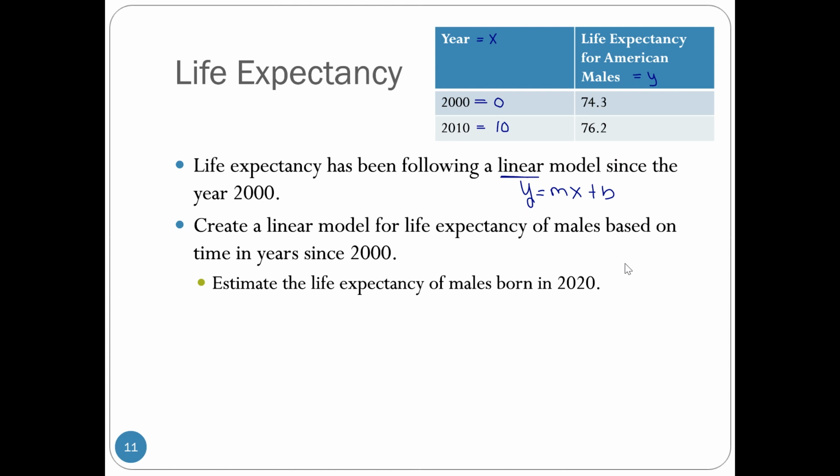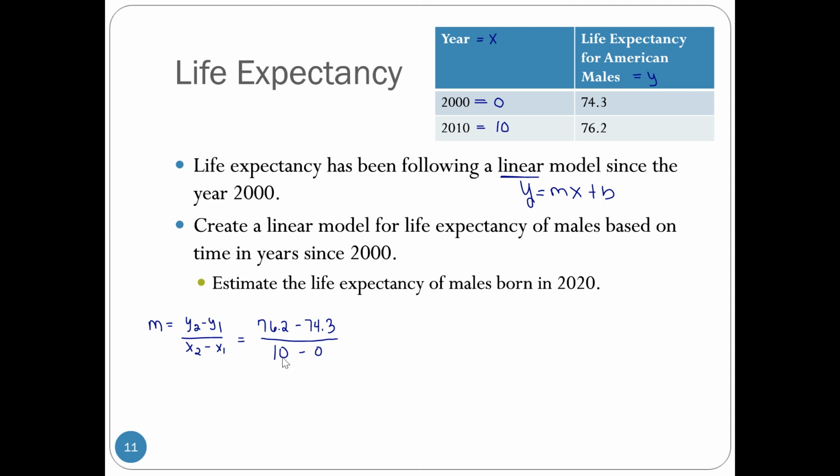So the first thing I'm going to do is to figure out slope. So m equals my y2 minus my y1 divided by x2 minus x1. And so I put numbers in, 76.2 minus 74.3, and I'm using 10 minus 0.